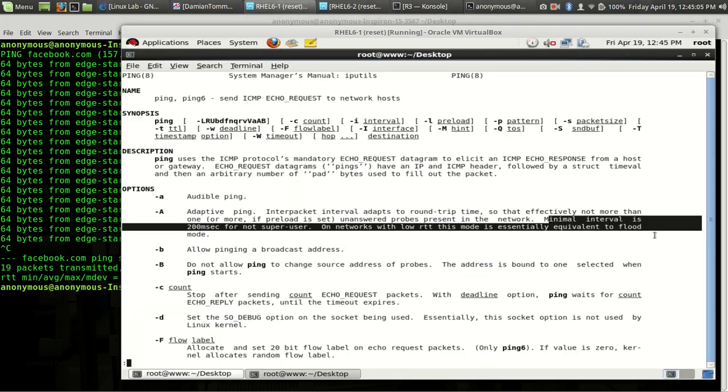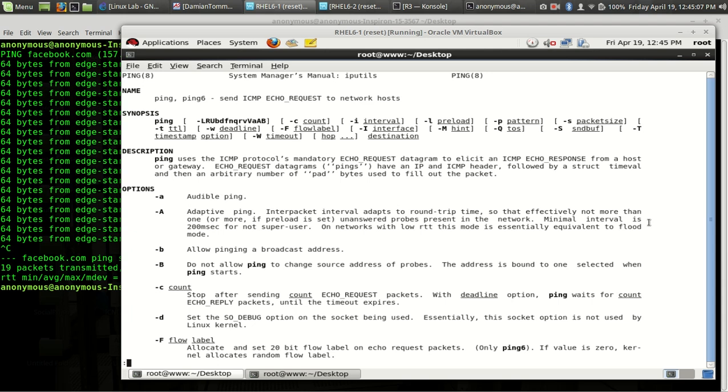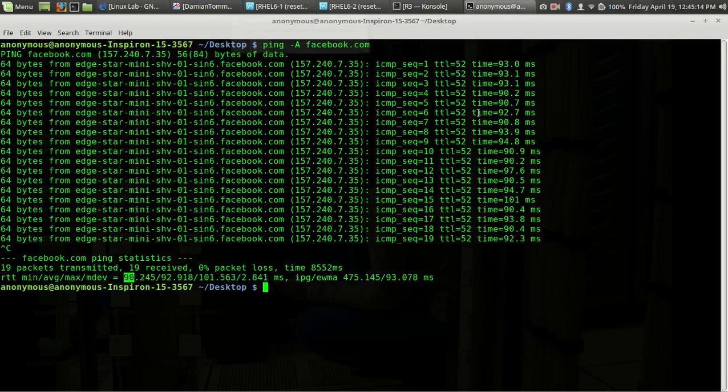So what this means is the minimal interval is 200 milliseconds for a non-super user. I am not over super user. This is my simple user in Linux, not going beyond 200 milliseconds.